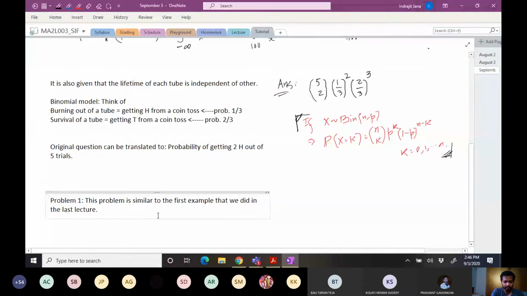One remark I would like to mention here is that picking up items without replacement is important.